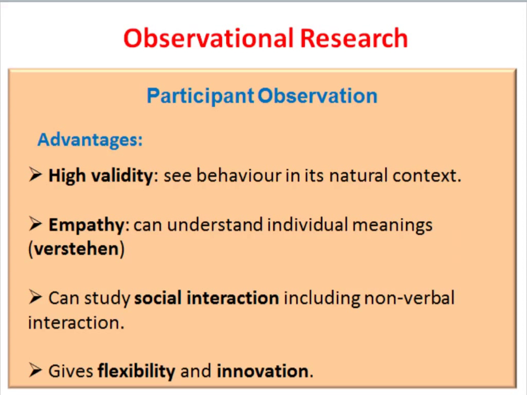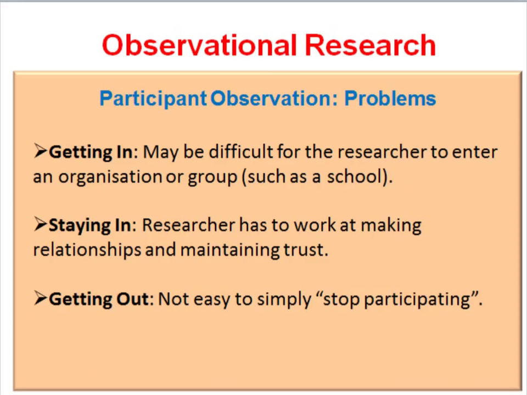Going back to this idea of Verstehen, this is the method that is probably the best in helping us understand the world from the perspective of the group that's being studied. Also, unlike interviews or questionnaires, we can study social interaction, including non-verbal interaction. And this is a method that gives sociologists a great deal of flexibility and innovation. I'll explain that point a little bit later on when we look at an example study. But there are some big practical problems with doing participant observation research.